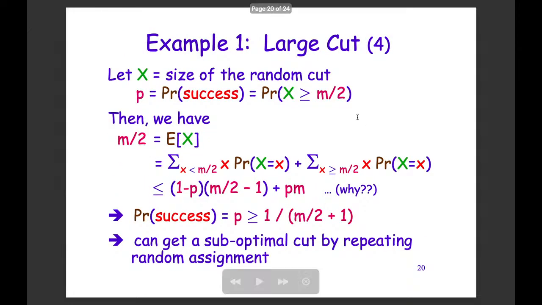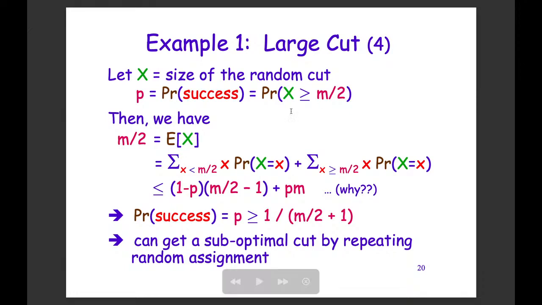Suppose that x is the size of the random cut. Sometimes it could be bad, but sometimes it could be greater than or equal to m over 2. We define success as getting a random cut with size greater than or equal to m over 2. Otherwise, we say it is failing.